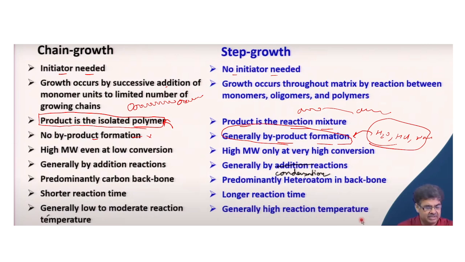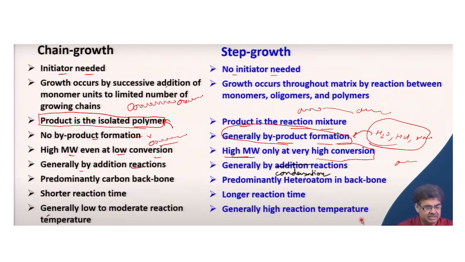Then, high molecular weight even at lower conversion in chain growth, because that reaction is fast. But in step growth, high molecular weight is found only at very high conversion, because only at the end of synthesis do the bigger chains react.